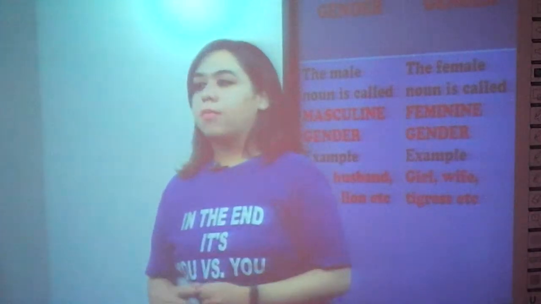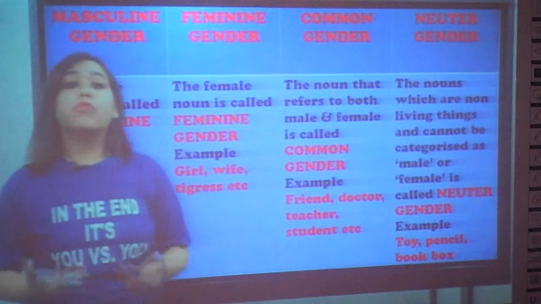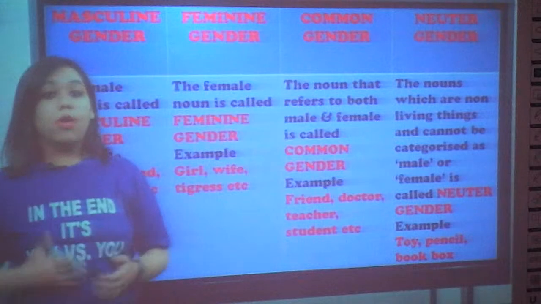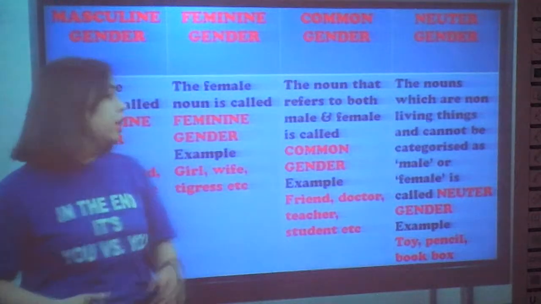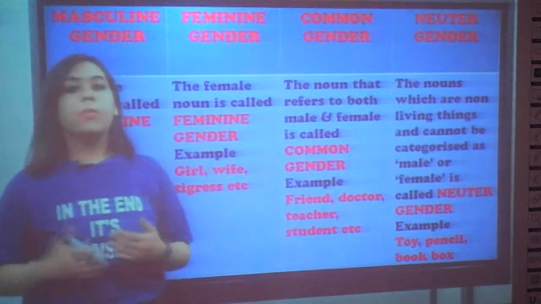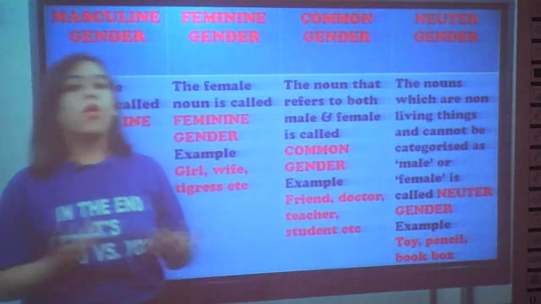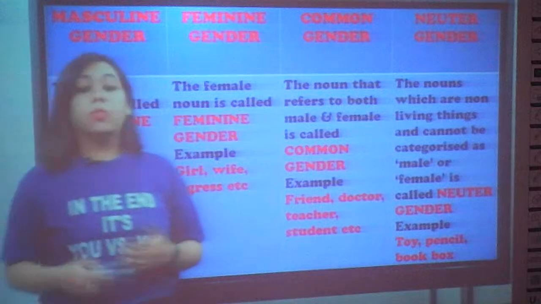Okay, for example, you're asking me, Mom, where are you going? I say that I'm going to visit a friend of mine. So if I talk about a friend, now you don't know whether the friend is a male or a female. So in this case, it will fall under the category of common gender, whereby you cannot tell whether it's female or it's a male. Okay, and then I ask you back, where are you going?